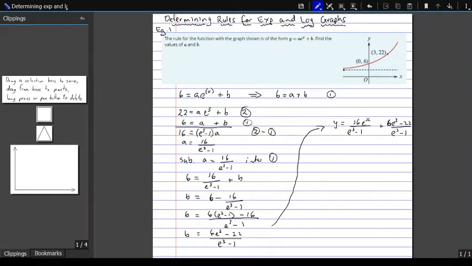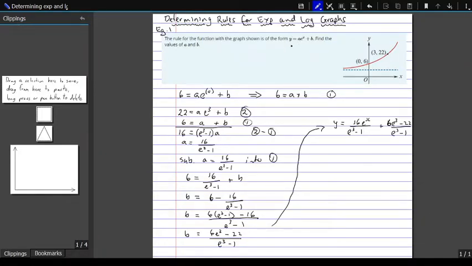We can see that it has 2 points, which are the y-intercept and another point, (3, 22). We don't know what the horizontal asymptote is, but we can work that out in due course. We know that the equation is given by this particular form.